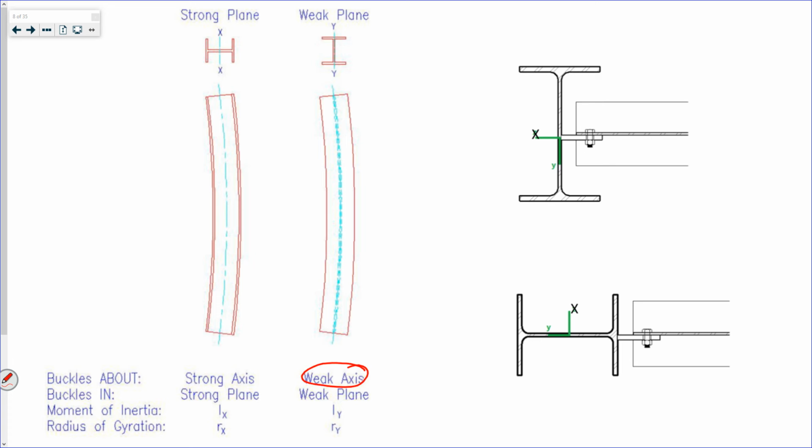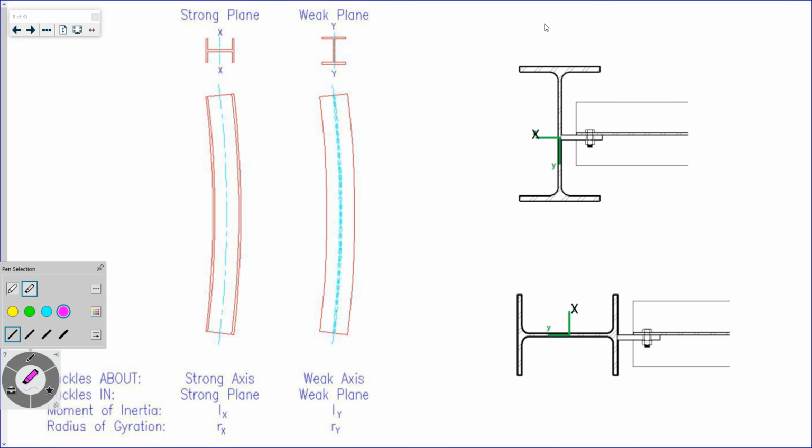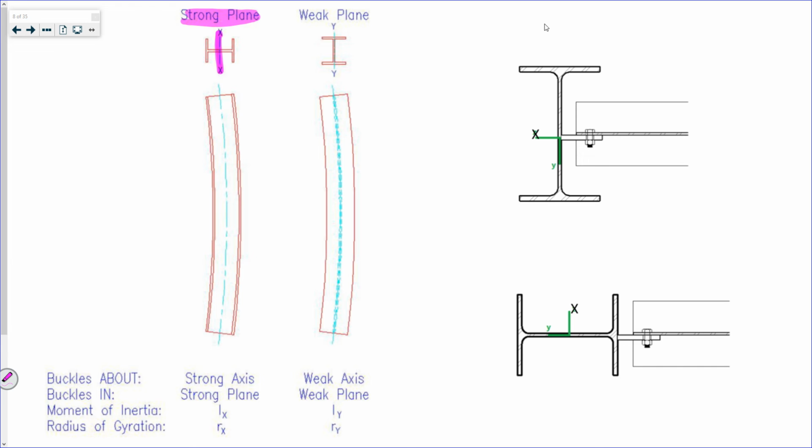Then your weak axis, this is what it looks like. Buckling, right? In the strong plane, it's kind of easy to see it's bending about this x-axis. I meant to draw a curve. Right, these are the flanges.